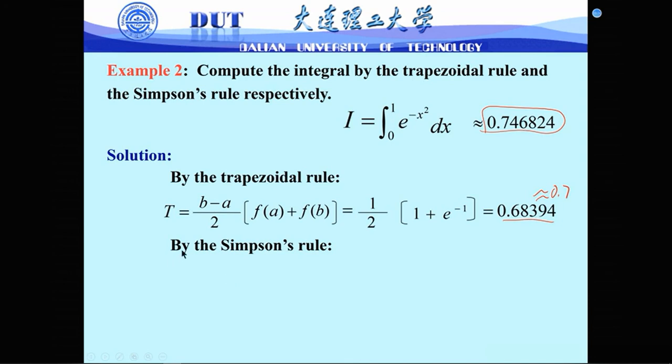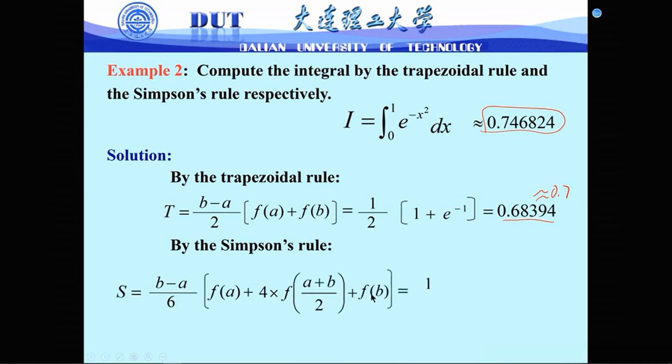Okay, let's check by the Simpson's rule. By the Simpson's rule, then (b minus a) over 6, remember 6, 1 4 1. Okay, f(a), f(middle point), f(b). Okay, f(a) we already know it is 1, right? b minus a is 1, so 1 over 6, right? Multiply 1 plus 4 times f((a plus b) over 2).